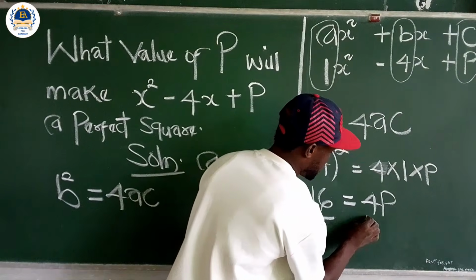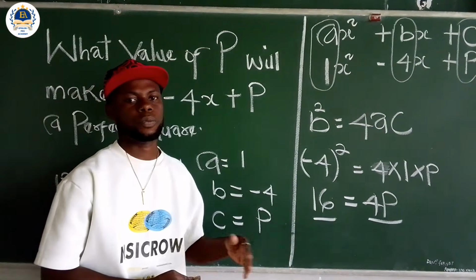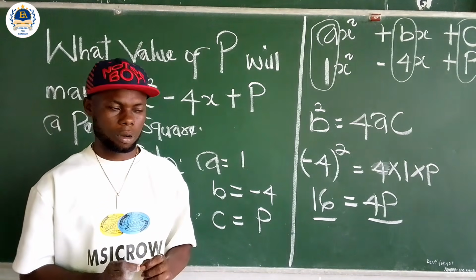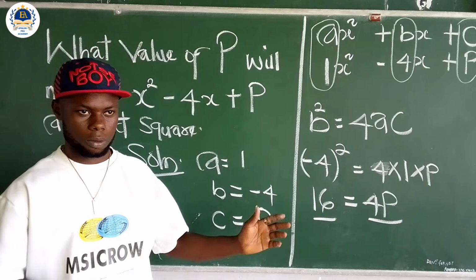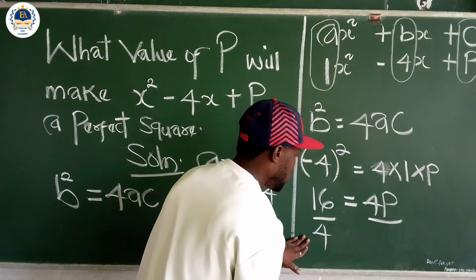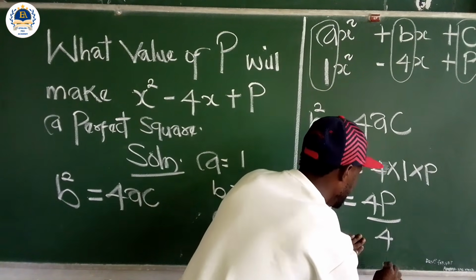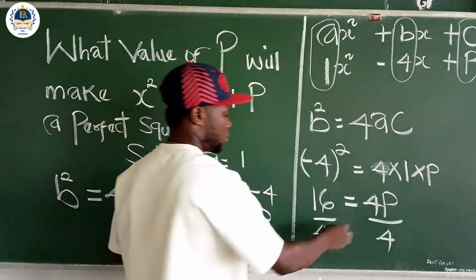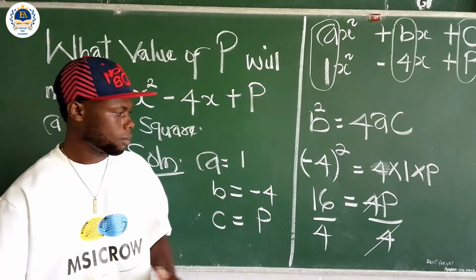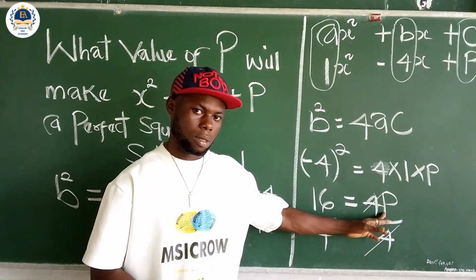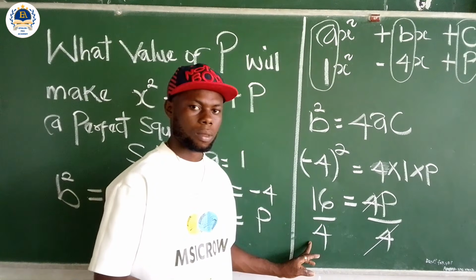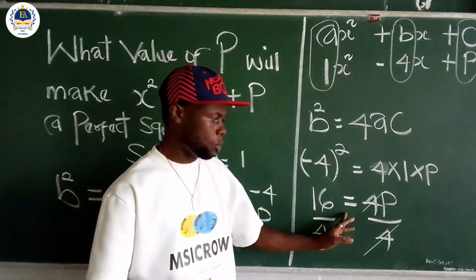Divide the two sides of the equation by the coefficient of p. And the coefficient of p is the number that is attached to p on the board. That number is 4. So dividing both sides by 4, we have 16 divided by 4 and 4p divided by 4. 4 cancels 4 and we are left with just p. p is equal to 16 over 4.